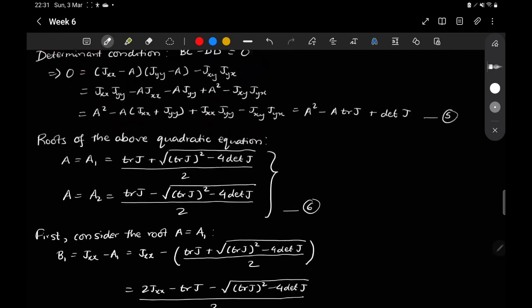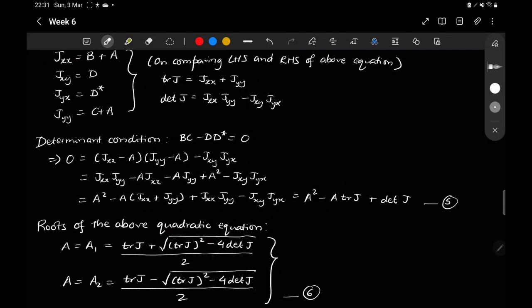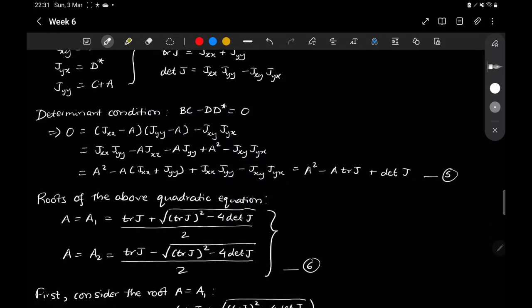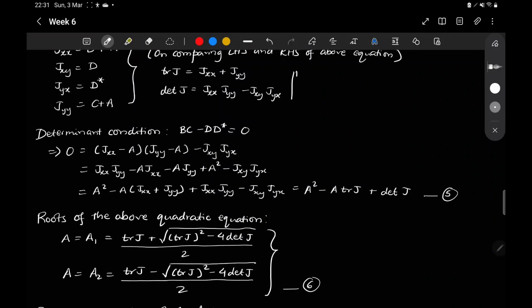Now trace J is jxx plus jyy, and determinant is this over here.